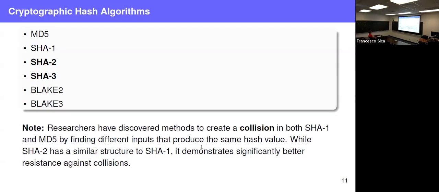SHA-2 is similar to SHA-1. It uses the Merkle-Damgård structure, but SHA-3 uses a completely different structure. It uses sponge construction.